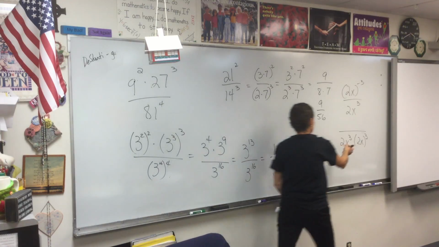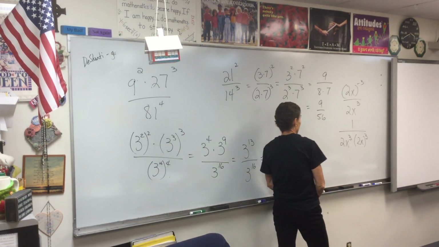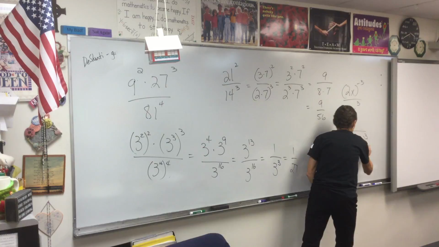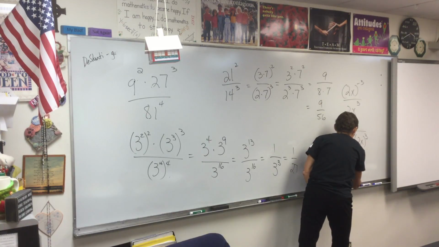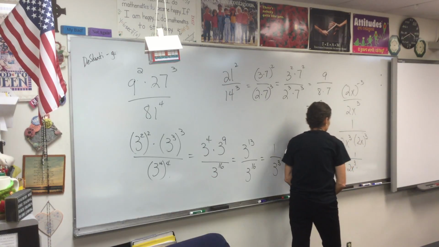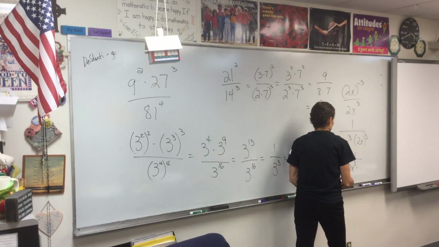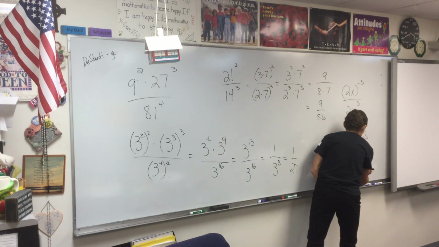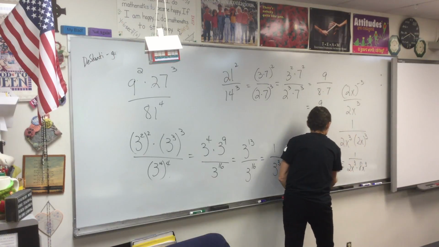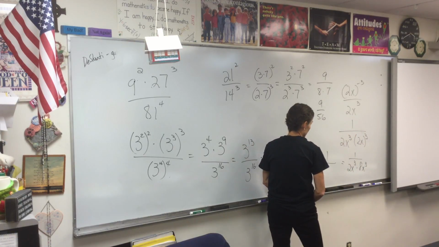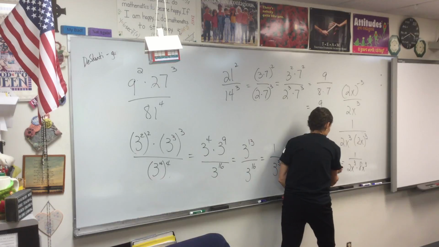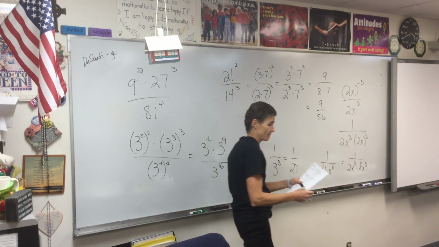And so all that's left on the top is a 1. Okay, what's quantity 2x cubed? 8x to the third. Good. So what's my answer? Altogether, I'm going to have 1 over 16x to the 6th.